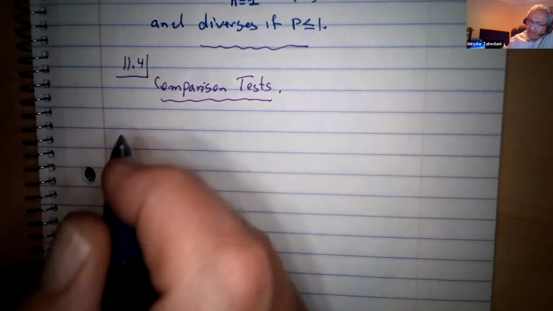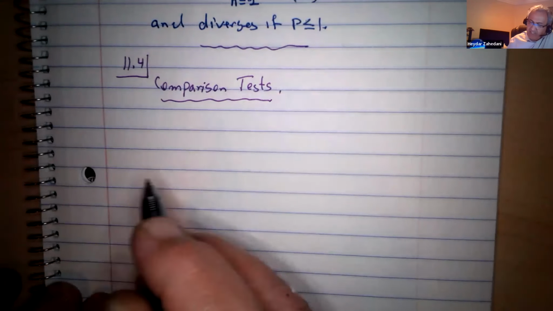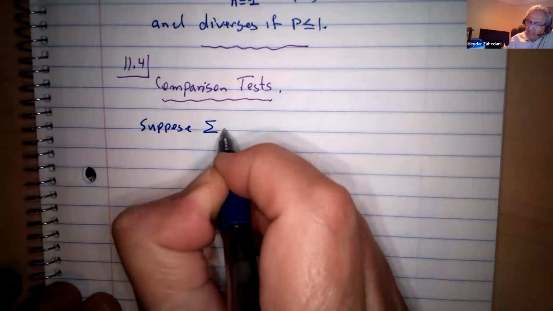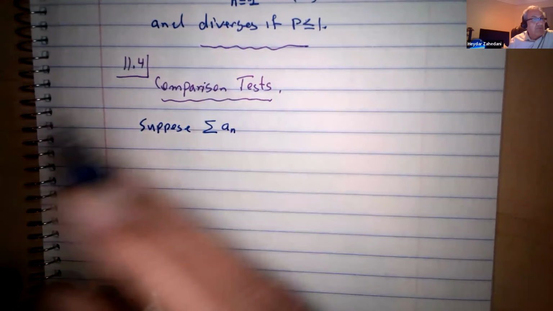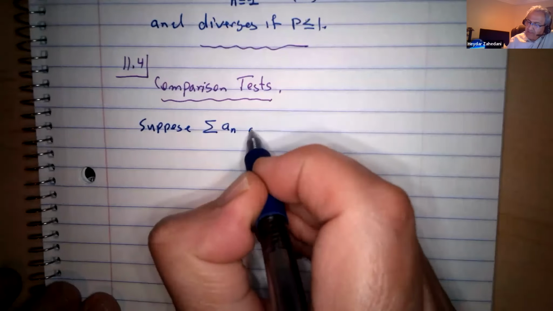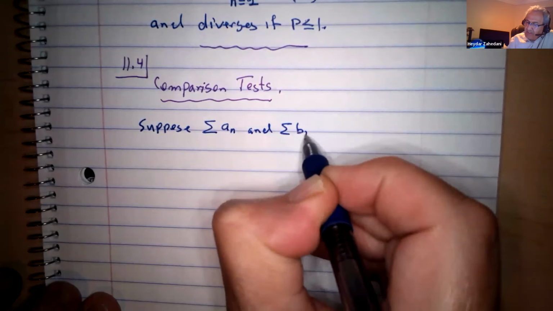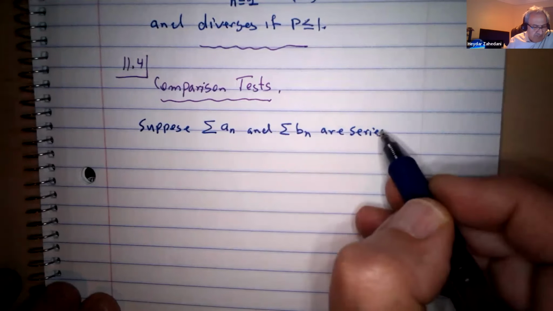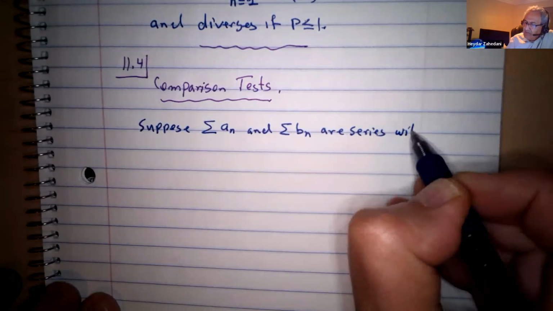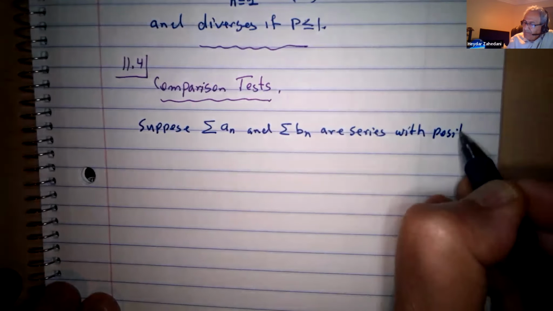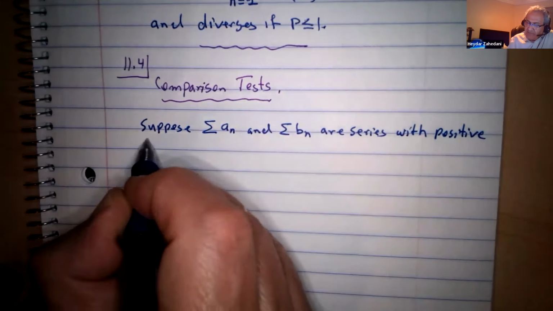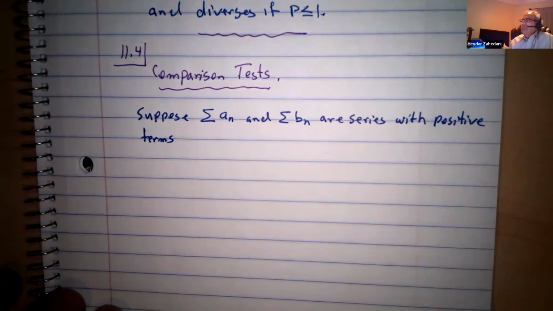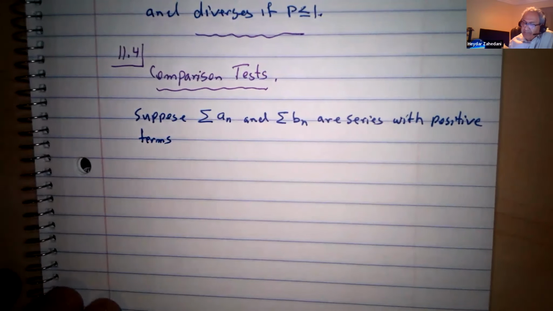Suppose sigma an, where n is from 1 to infinity, and sigma bn are series with positive terms. Positive terms means the an and the bn must be all positive numbers. If it's otherwise, we talk about it later.